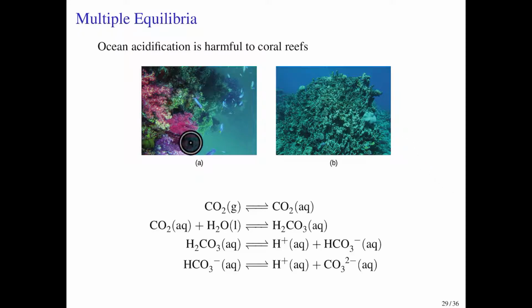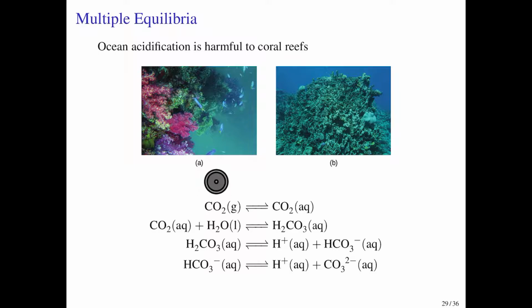Here on the left we have a healthy coral reef, and on the right hand side we have a dead coral reef. The backbone of the coral reef is calcium carbonate, which is sensitive to the acidic content of the ocean water. In this first equation, what we're looking at is the relationship between gaseous CO2 and dissolved CO2.